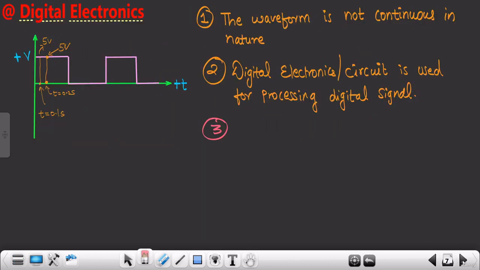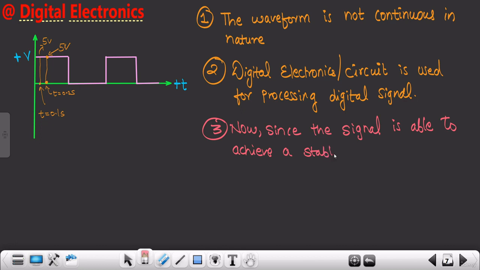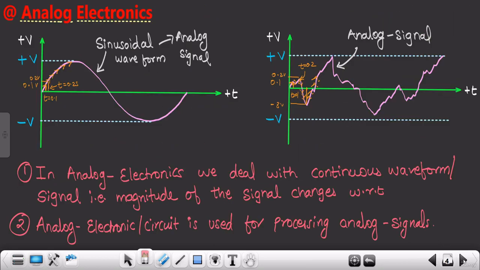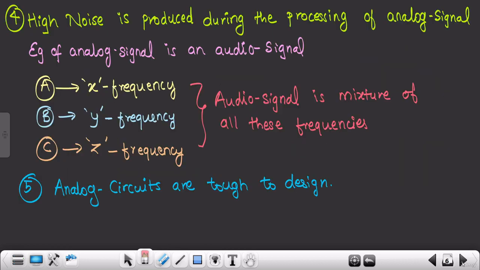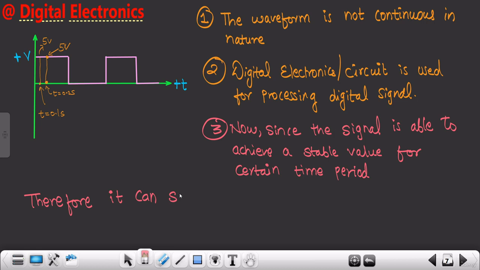So see, what we can write is, now since the signal is able to achieve a stable value for a certain time period, therefore it can store such signal.